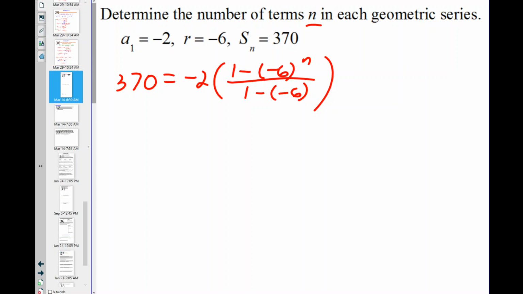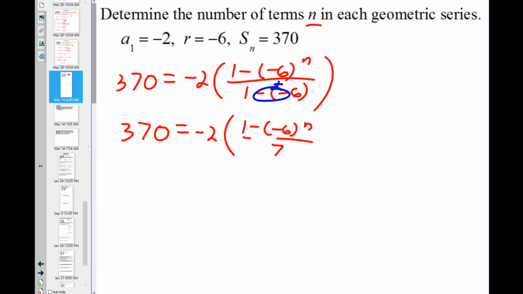Any thoughts? Yeah, I like that. That's what I tend to do. I look here, 1 minus -6. I can't do it on top though. The top, even though that looks ugly with a double negative, you can't do anything there because of the exponent. So I would get 1 minus -6 to the n over 7.